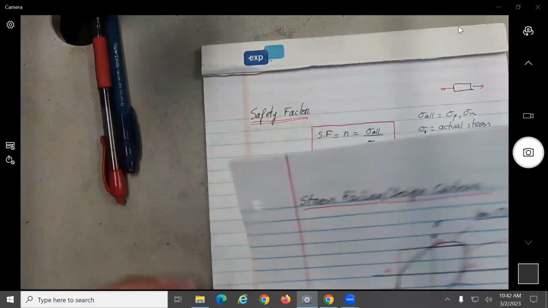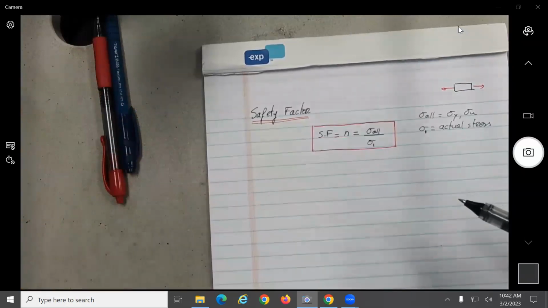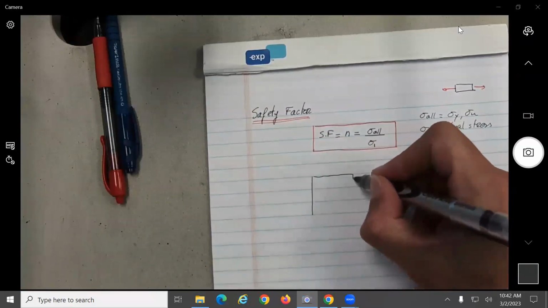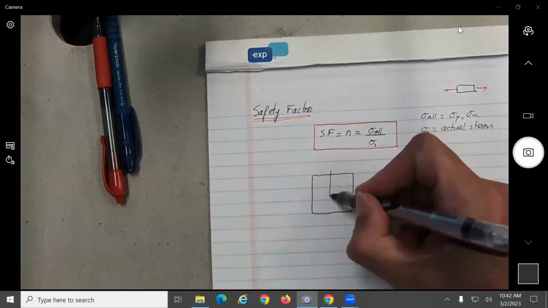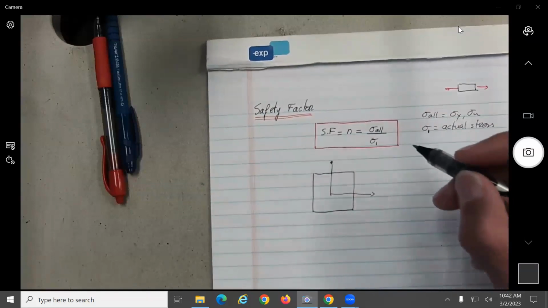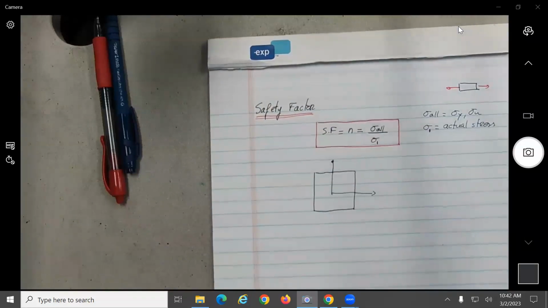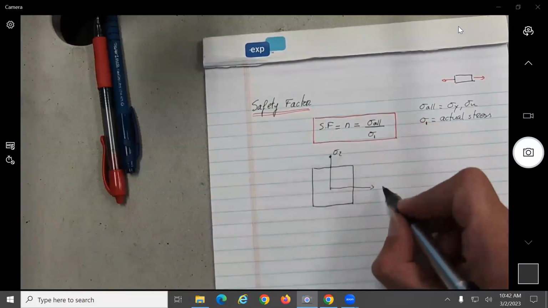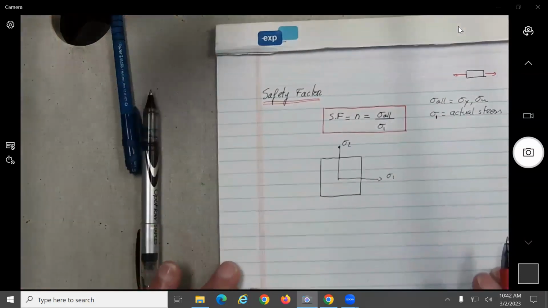So basically, what we're saying is that if we are using the principal stresses, we have sigma 1, sigma 2 here. Sometimes it's epsilon, it doesn't matter.